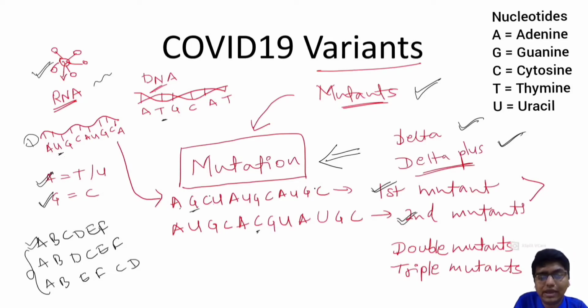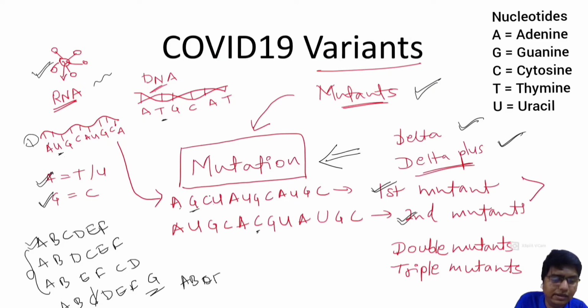There is also addition or deletion. Suppose we add one more: A, B, C, D, E, F, G. That is addition of a nucleotide, just as an example. Or deletion. Deletion means C will be deleted completely, and it will give rise to A, B, D, E, F like this.